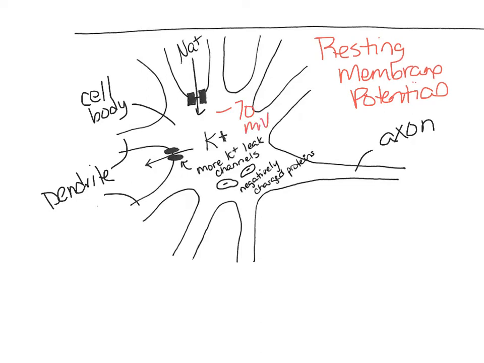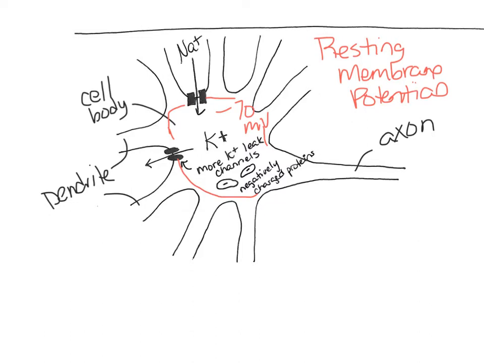So this negative 70 millivolts, we're really just talking about what happens just on the inside of the membrane. So the inside of the membrane all the way around here, that's going to be negative 70 millivolts, because further in, you've got the nucleus and all these organelles, and so we're really just talking about what happens just inside that cell membrane on the neuron.